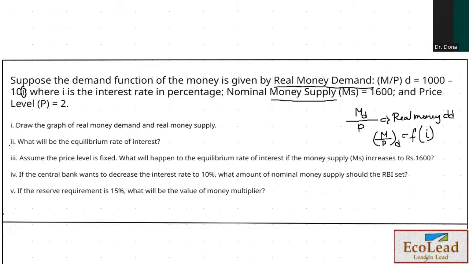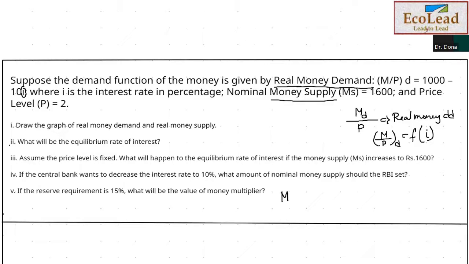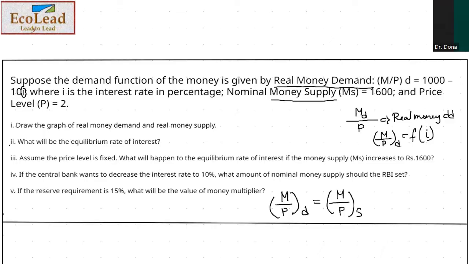The real money demand, if it is equal to the real money supply, then we can call it the equilibrium situation in the money market. Now we need to find out how we can get this real money supply.